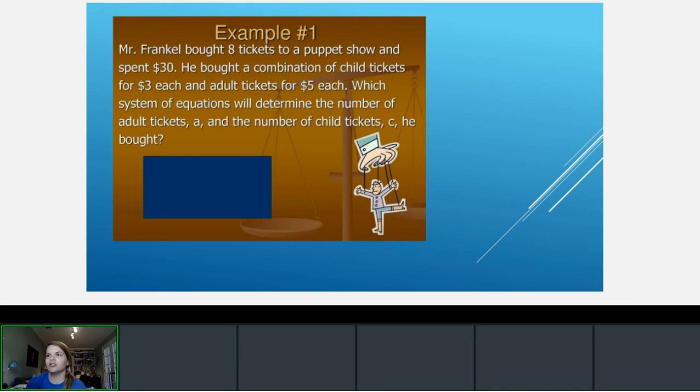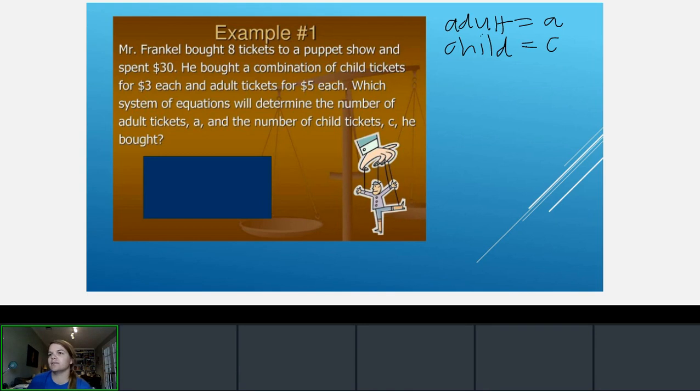So we've read our problem and we're trying to figure out what our unknowns are. We want to know how many child, how many adult. Adult tickets is going to be represented by the variable A, child tickets by the variable C.